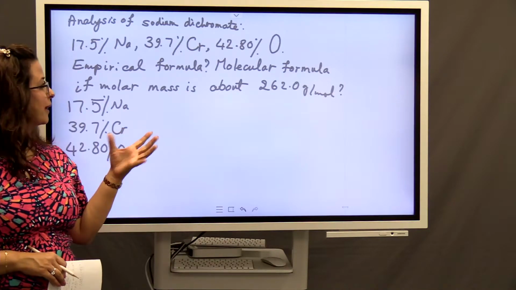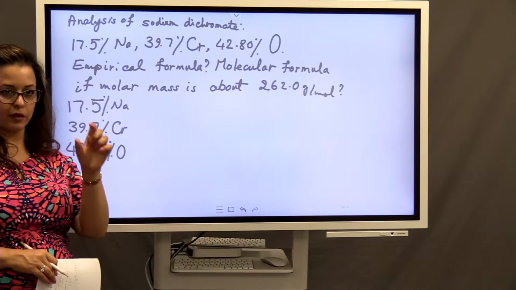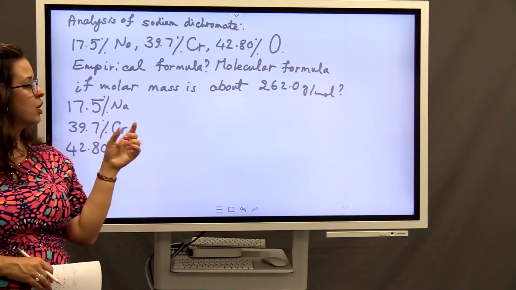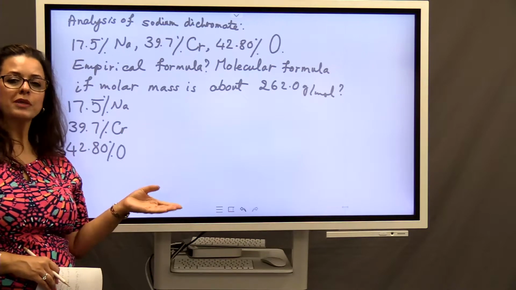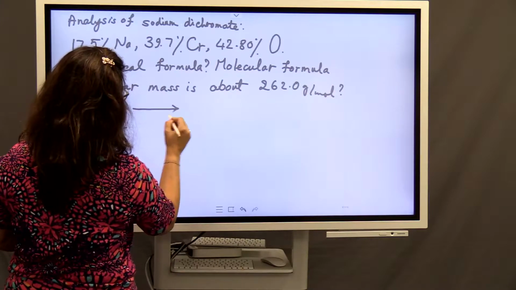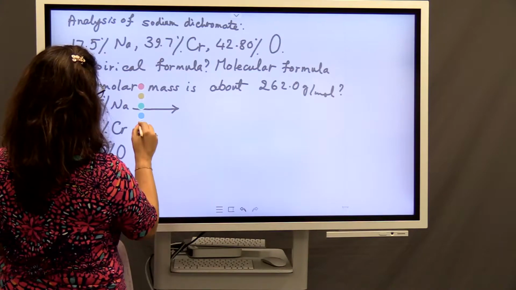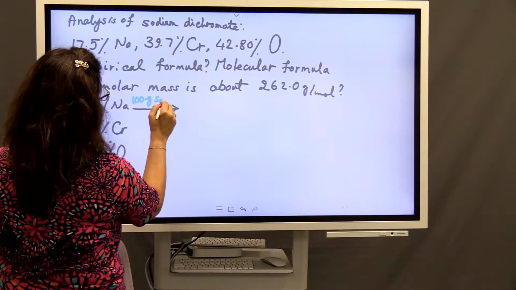Because in the formulas you never see anything as a percentage in the formula of the compounds. You just see the moles. So we have to find a way to change this percentage to mole. But first, let's assume that we have a 100-gram sample, okay?